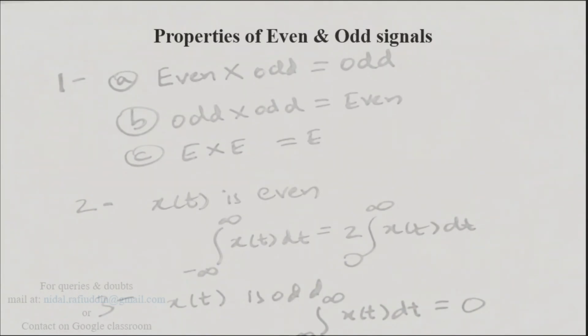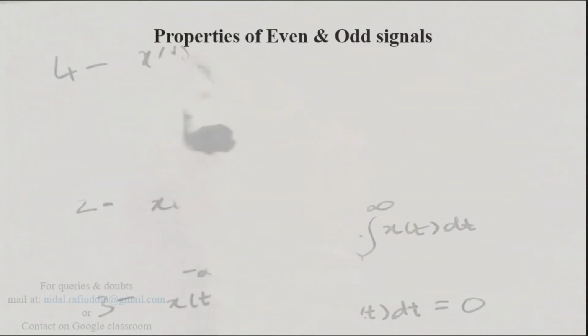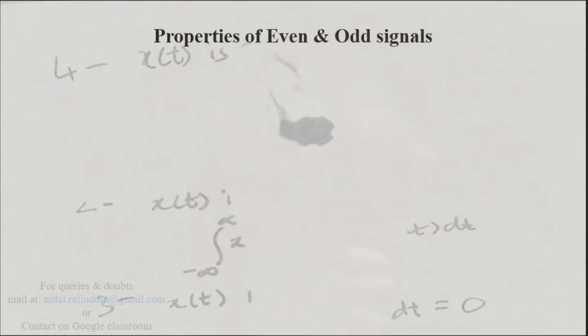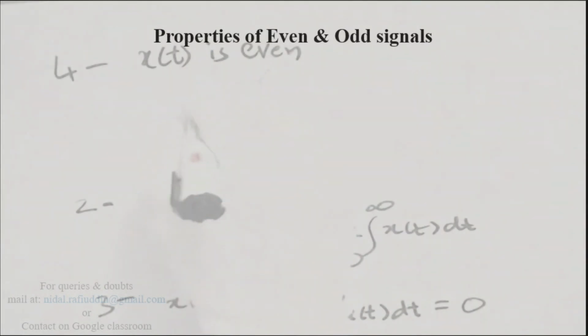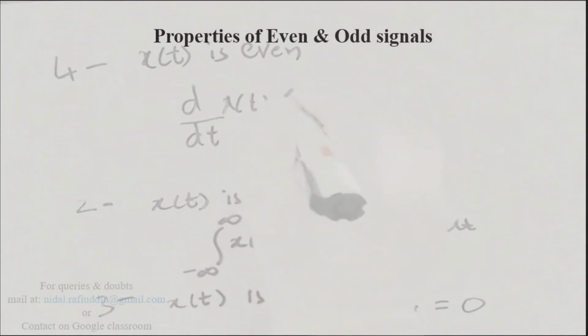And again we have a few more properties. The fourth property says that if x(t) is even, then its derivative is odd.